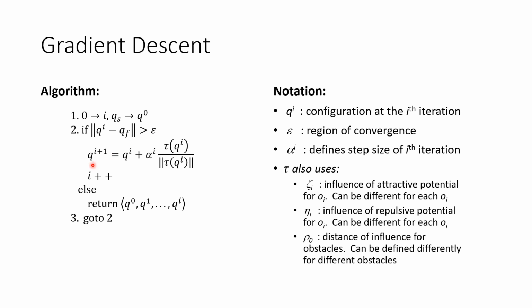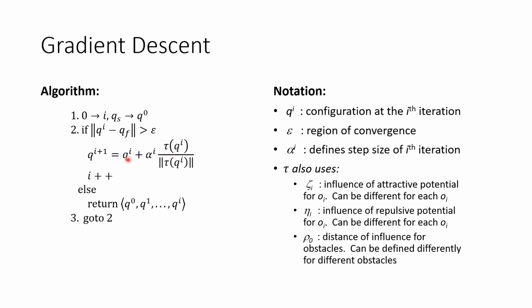That next configuration is computed by using the previous configuration as one of the factors, and the other factor is like this. This factor uses the torque that you have already computed in the previous configuration. So it gives you a vector towards the direction where you have accumulated torque computed. What does that mean? It means that the robot is going to experience all those torques, and those experiences are going to push the robot to move in that direction.